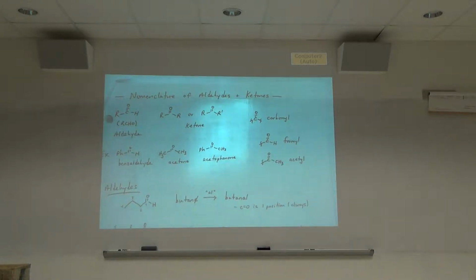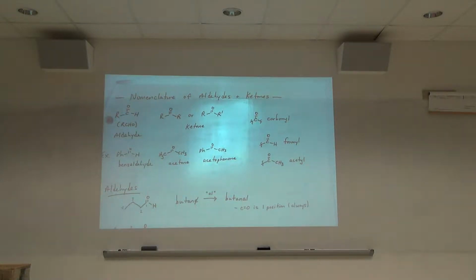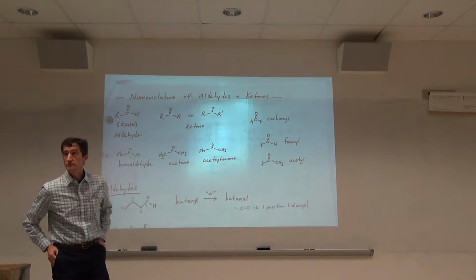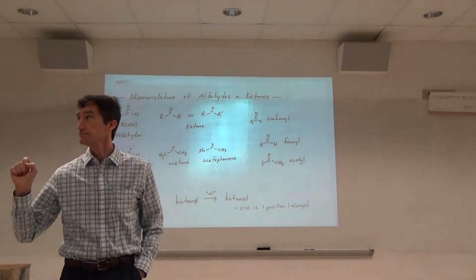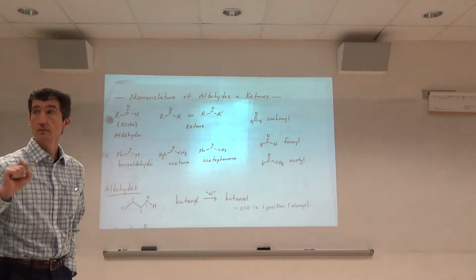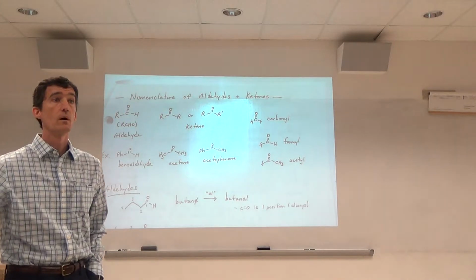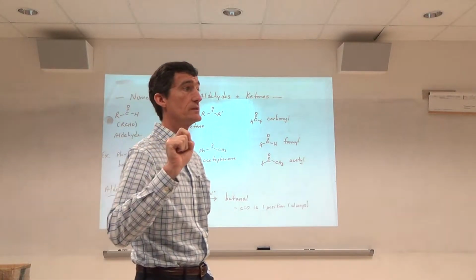First thing we can do is look at nomenclature of aldehydes, ketones. That's on the second sheet in the white packet. Everybody have a white and a yellow? White sheets.